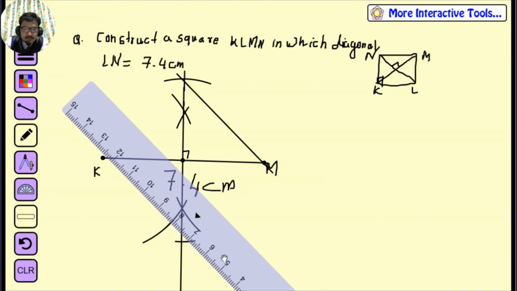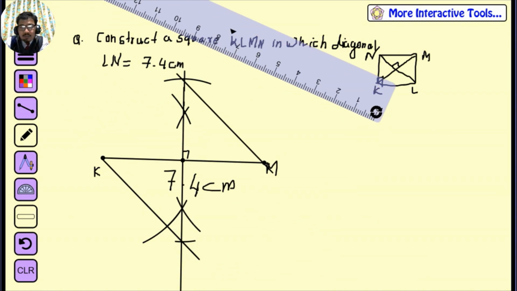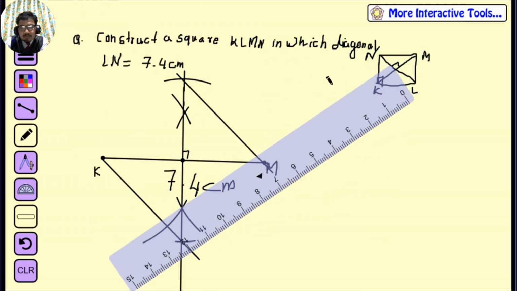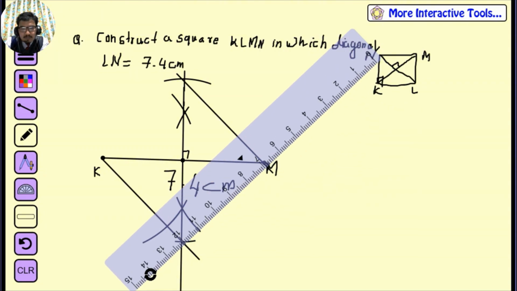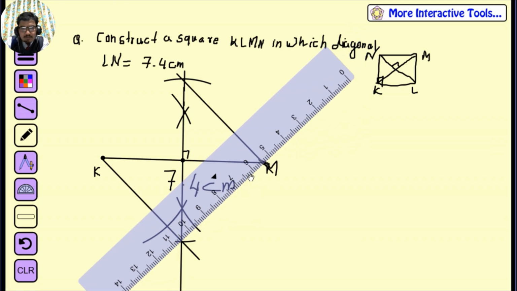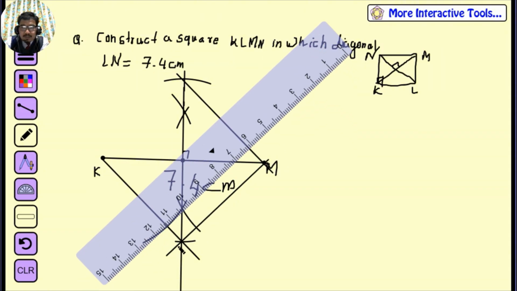Join these two points. Here also join these two points, and now we are joining these two points. Join here also like this, and it is K, L.